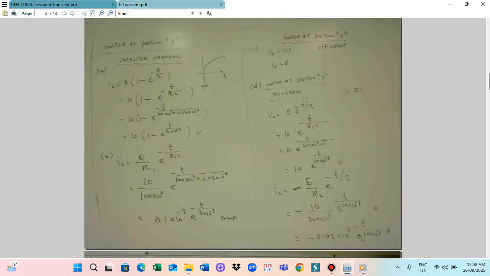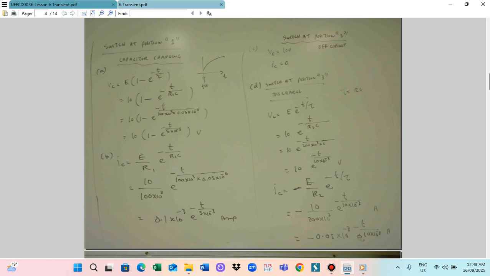So then you can calculate for the VC. That will be 40 into 1 minus e power minus t divided by 32 into 10 power minus 3. So this is for the VC we can calculate.